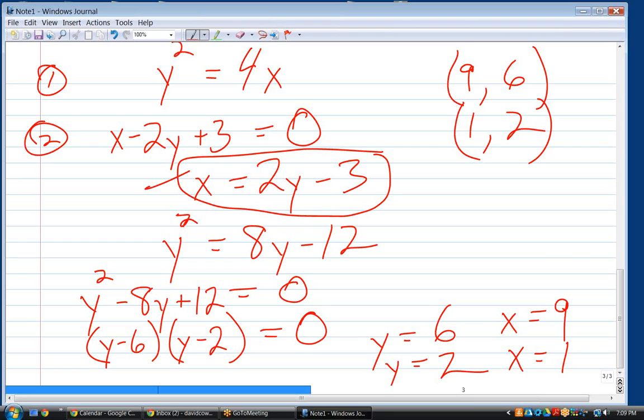I guess that's it. There's nothing else to consider. Notice that x can't ever be negative. Since y squared is always positive, x has to be positive based on equation number 1.